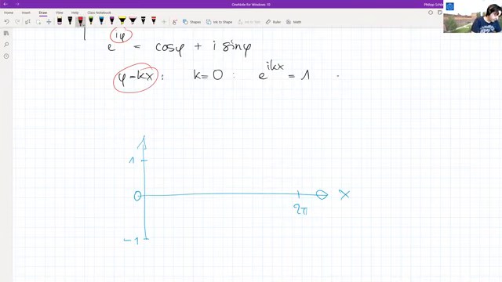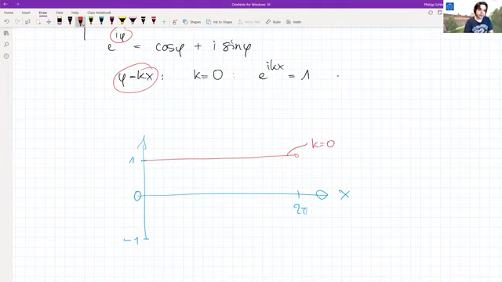Then of course this first Fourier mode would essentially just be a constant from 0 to 2 pi. So this would be the Fourier mode for k being 0. Of course, what I draw here is the real part of this e to the i k x.